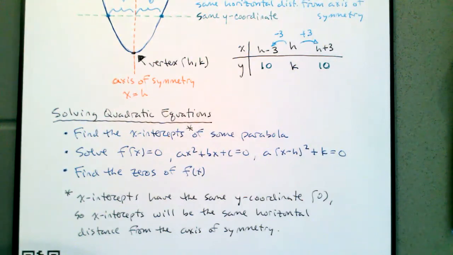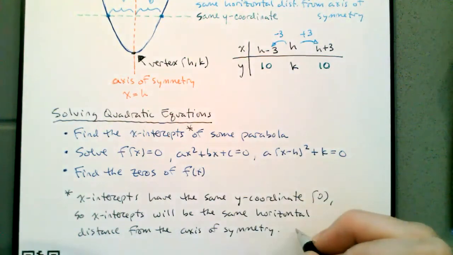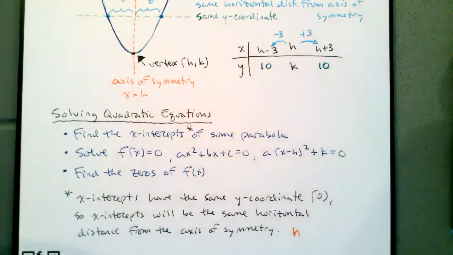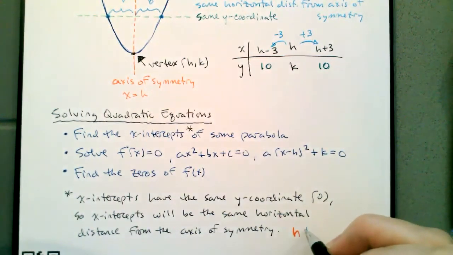This is going to give us a plus or a minus. It's going to be h plus or minus some amount. So the axis of symmetry happens at h. And then we'll have this plus or minus some horizontal distance.